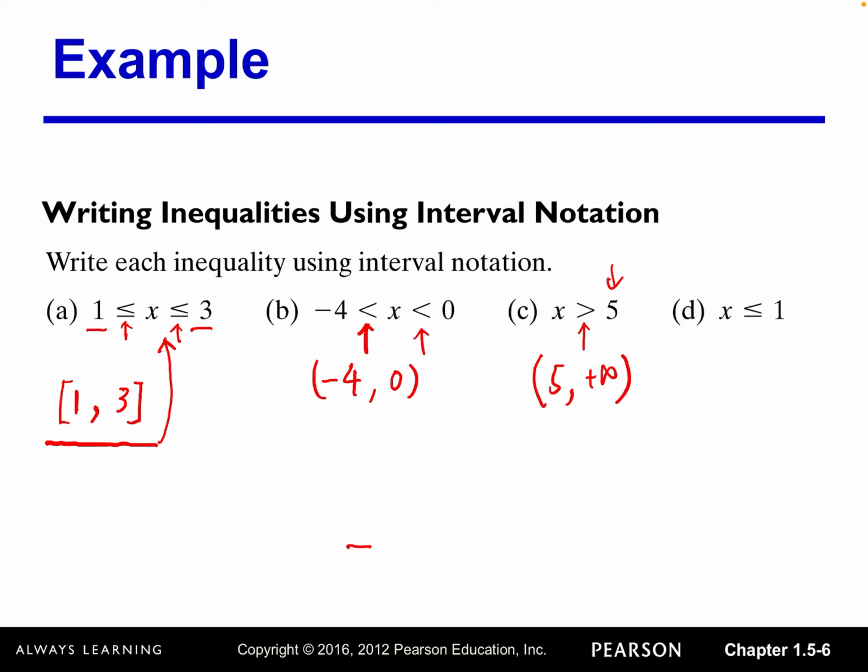D, x less than or equal to 1. So is 1 a lower bound or upper bound? Think about it, can you decide? 1 is the upper boundary, right? Anything less than or equal to 1. If you can't tell, you can draw a number line: here is 0, here's 1, here's 2.